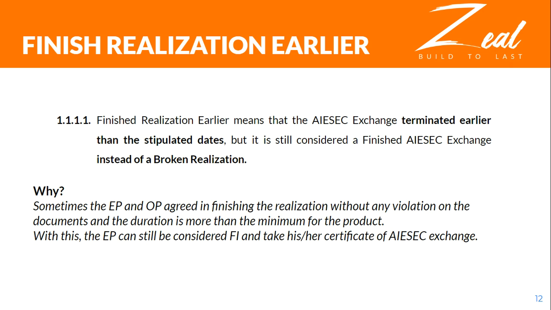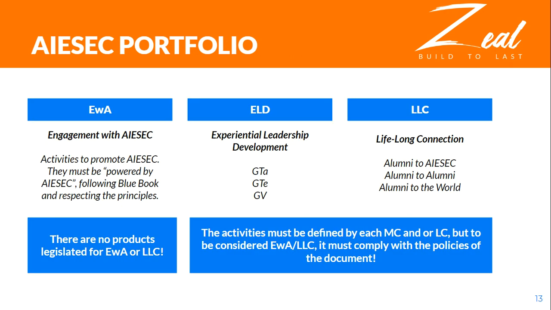Why? Because sometimes the EP and the OP agree on finishing the realization without any violation of the documents, and the duration is more than the minimum of the product. If the minimum of the product is 6 weeks, they cannot finish at 5 weeks. No, the minimum should be respected. And by this, the status is still finished and the EP can take his or her certificate.